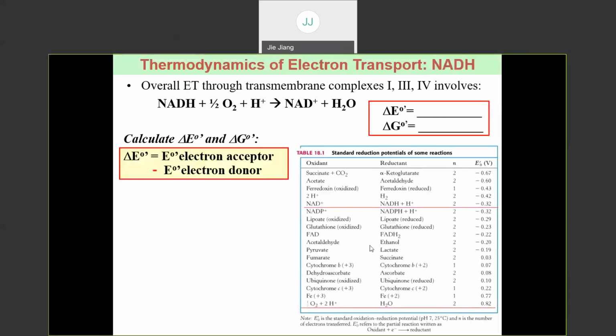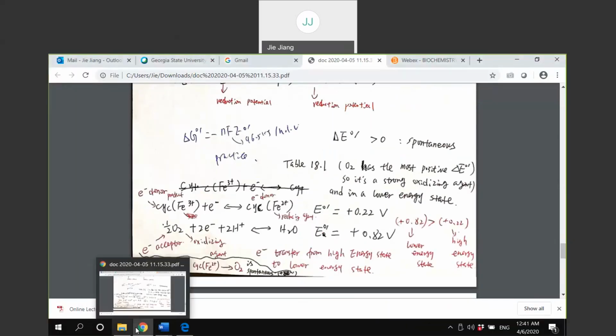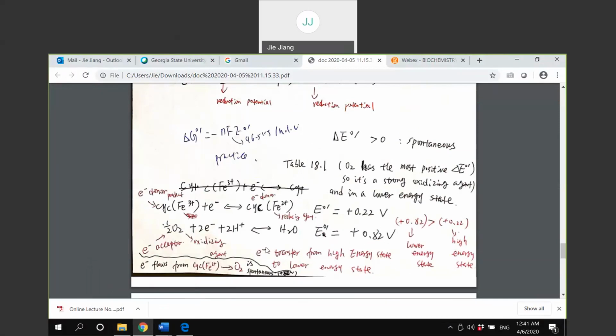You can check the PowerPoint. So that actually is the important part we discussed today: how to calculate ATP, the total ATP number, and how to calculate the cell potential. Okay. So next time we probably do a little bit more practice, and then we will continue talking about oxidative phosphorylation.